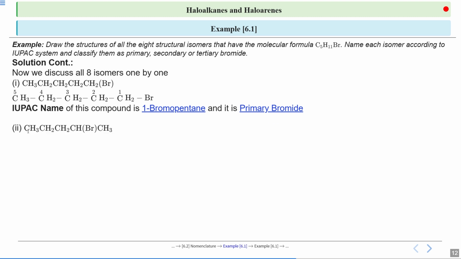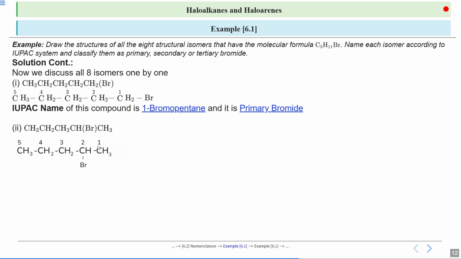The second isomer: you just have to change the position of the halogen. So CH3, CH2, CH2, CH, Br, CH3. That means here, from the first, we have put the bromine at the second carbon.